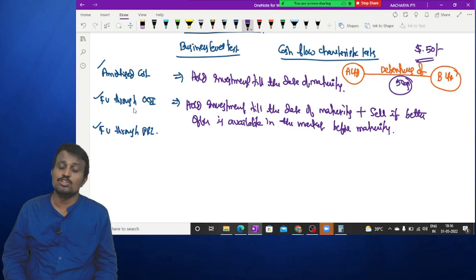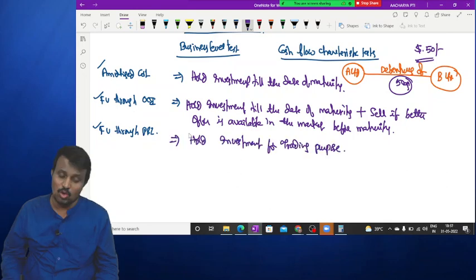And the last one is, if the party holds the investment for trading purpose, then we classify it as fair value through profit and loss.